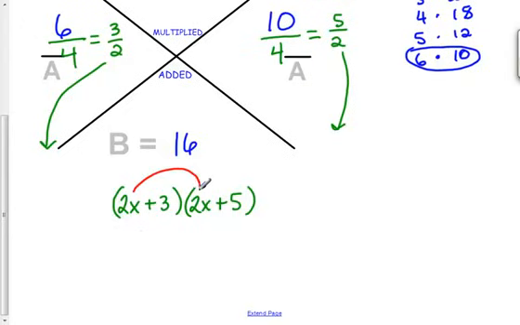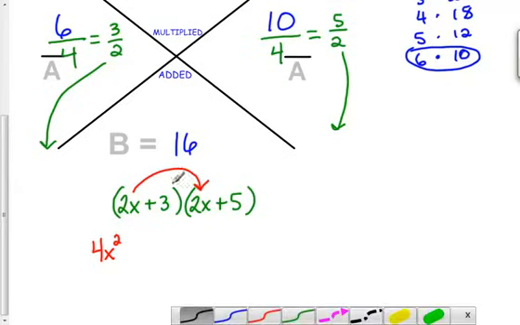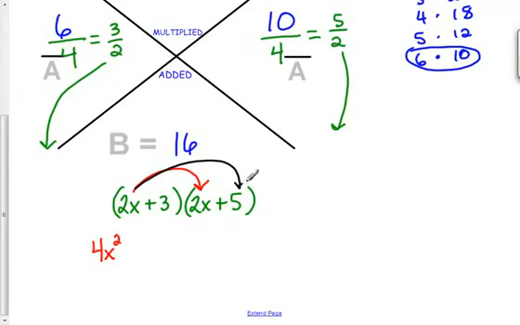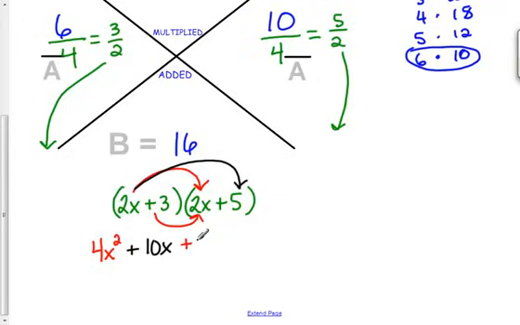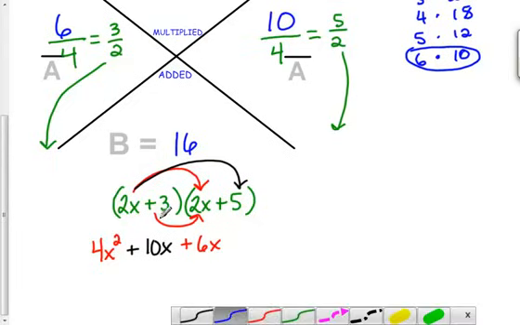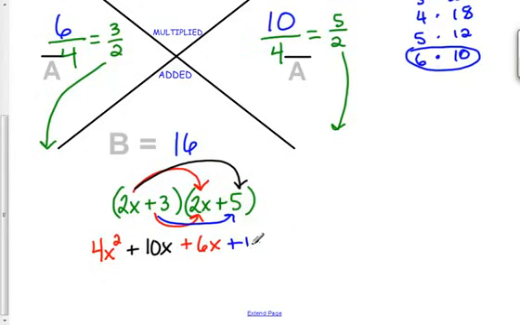So 2x times 2x equals 4x squared. We can take 2x and multiply it by 5 and get 10x. We can take 3 times 2x and get 6x. And 3 times 5 and get 15.